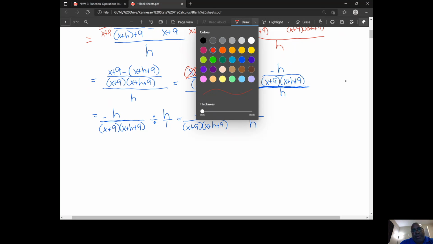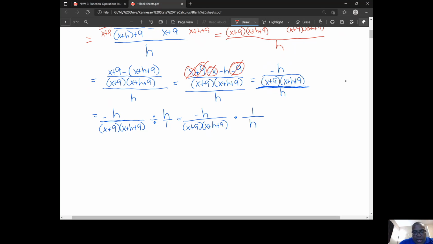Okay, we have it right where we want it. The h and h cancel out and they become 1 and 1. So we are left with negative 1 over x plus 9 times x plus h plus 9. And that's our answer.